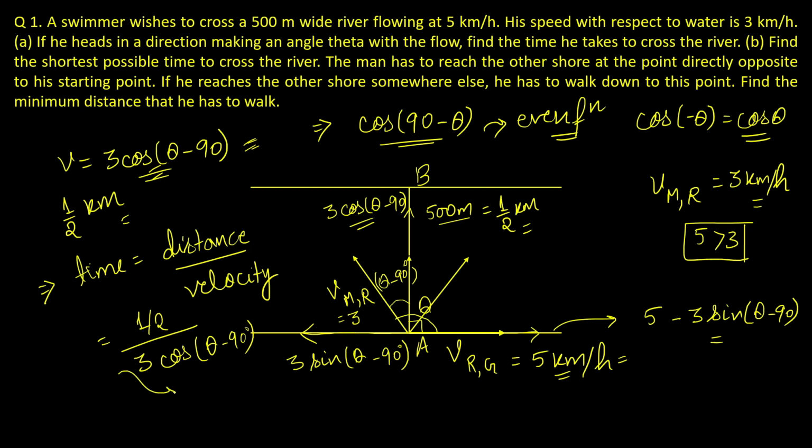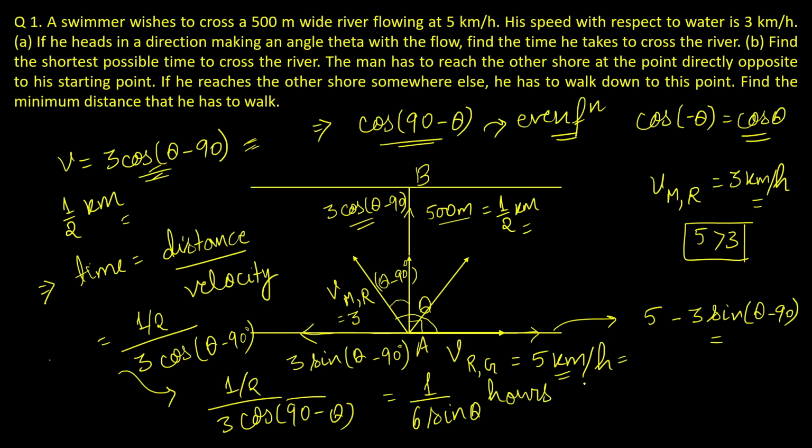So this can be further written as half upon 3 cos of (90 minus theta), and that will be equal to 1 upon 3 multiplied by 2, which is 6 sine theta, because cos of (90 minus theta) is sine theta. This much hours, because we were solving in terms of kilometer per hour.